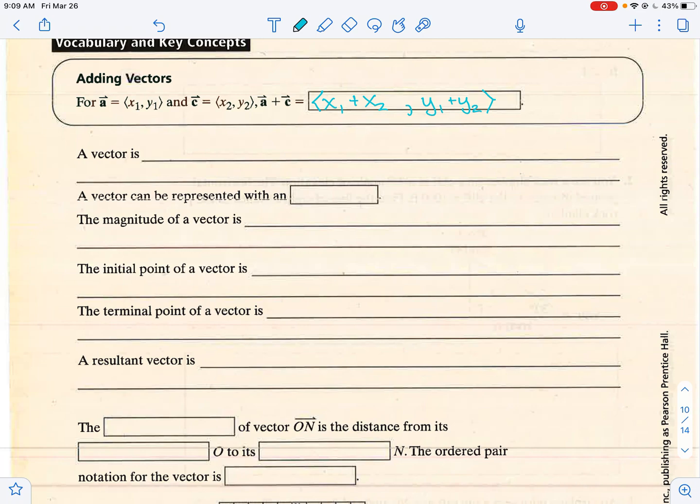So, what is a vector? A vector is any quantity with magnitude, and magnitude is just a word for size, and direction.